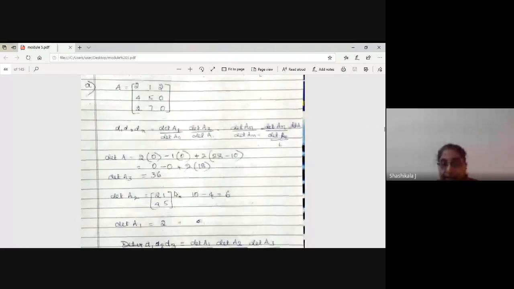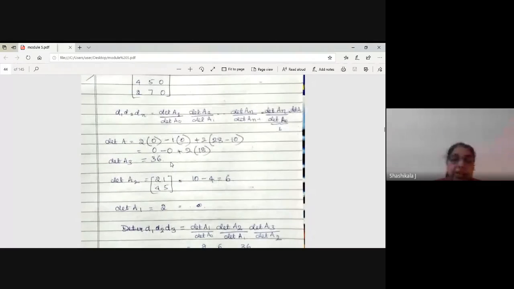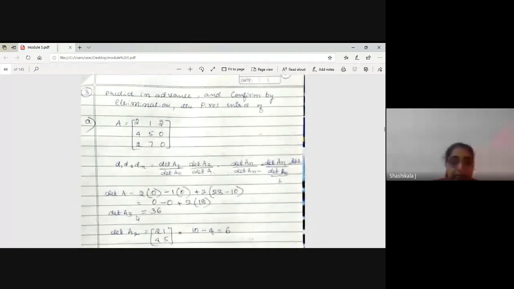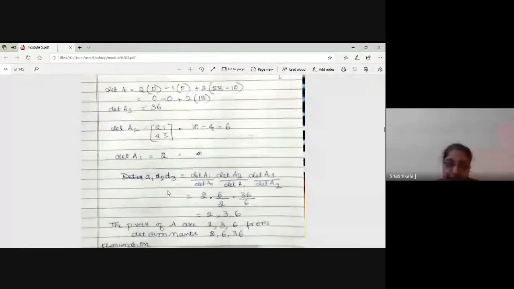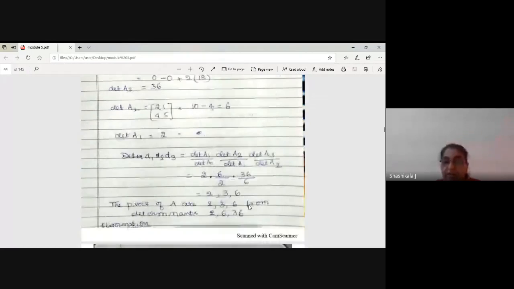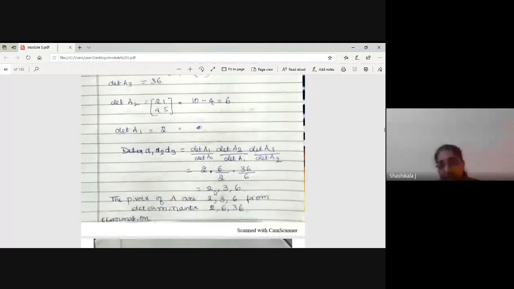You will calculate the determinant value. And determinant of A3 is this one; you know how to calculate it manually. Next I will put all these values: determinant A1 is 2, determinant of A2 is 6 divided by 2, then 36 divided by 6. The values I am getting are 2, 3, 6.